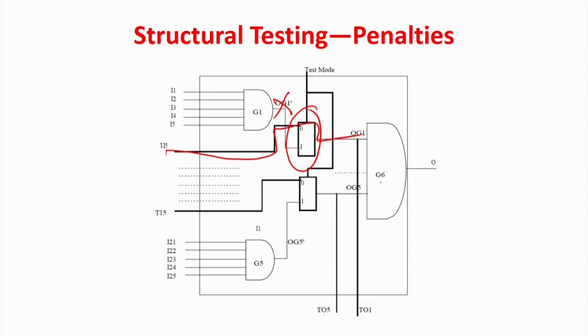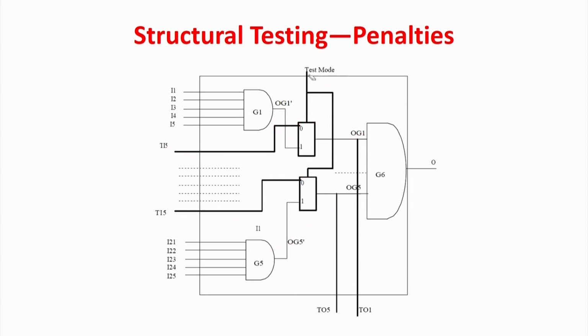Similarly, I have to give input to this gate also, so I have a multiplexer with two modes: the normal mode and the test mode. In test mode, the input from G5 to G6 is cut, and an external pin directly gives input to this, which solves the problem of directly applying something to G6.